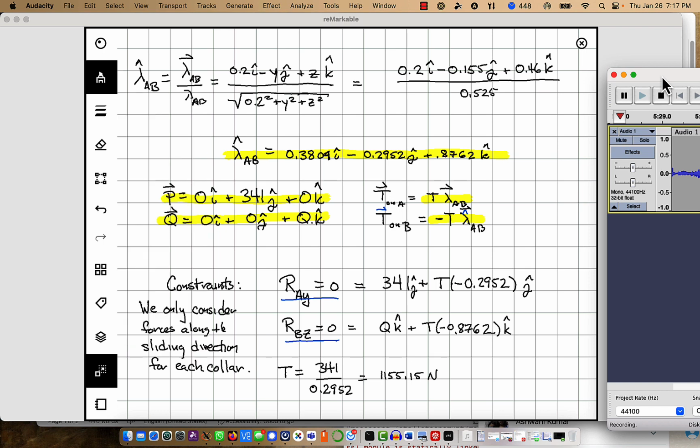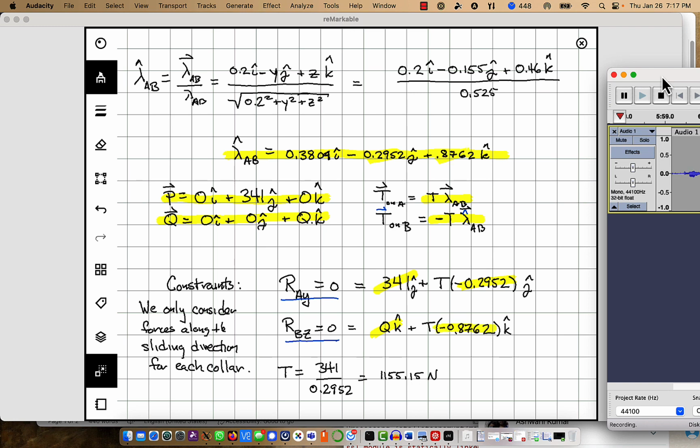Okay, so the force on A is this 341, and then the force in this J direction is just the magnitude times this component, which we got from right here. Okay, and then on the Z, it's QK, that's our QK, and then notice we've introduced a minus sign here, right here.